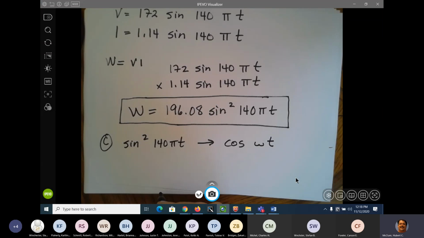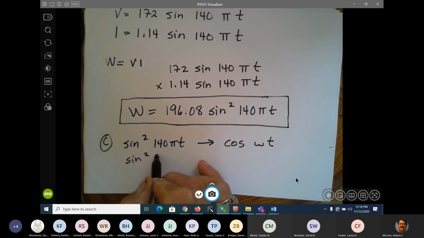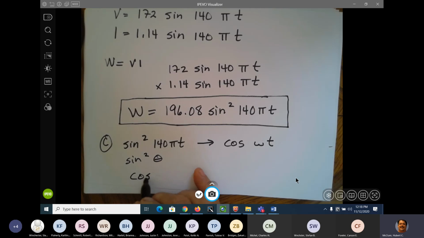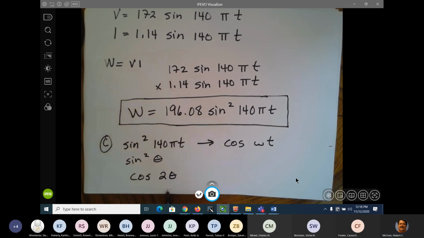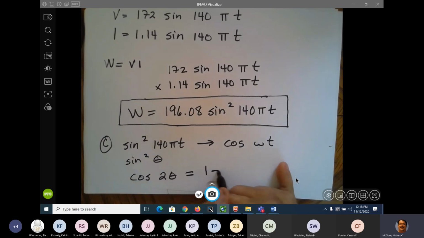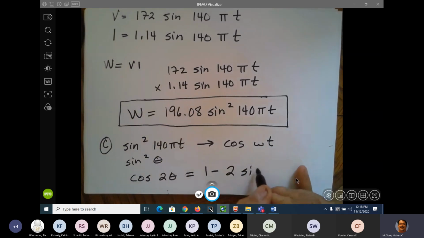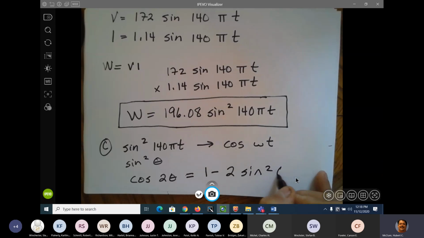And we also know that this looks like sine squared theta. So what I'm thinking of is the cosine of 2 theta, which is equal to 1 minus 2 sine squared theta.